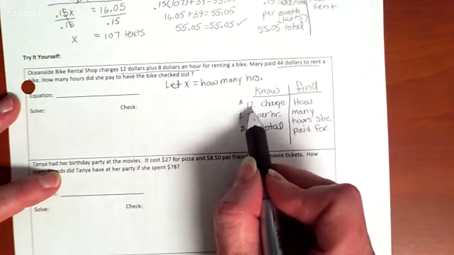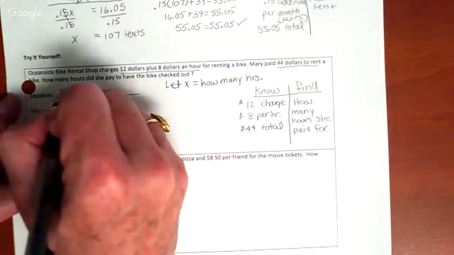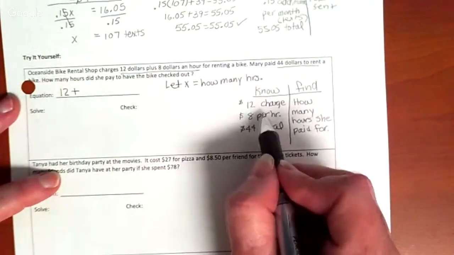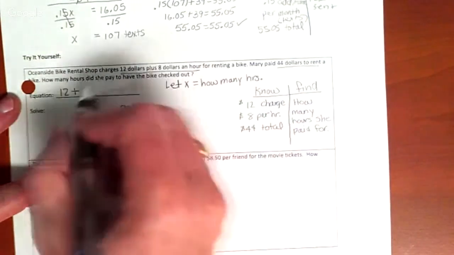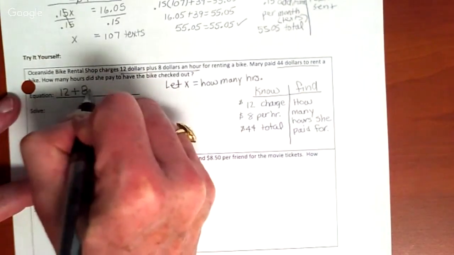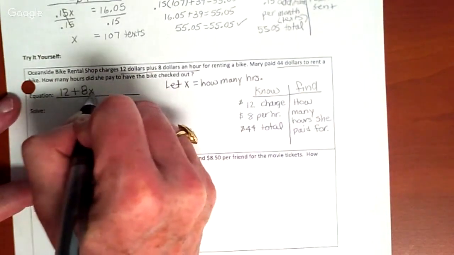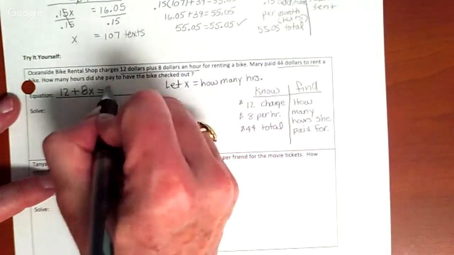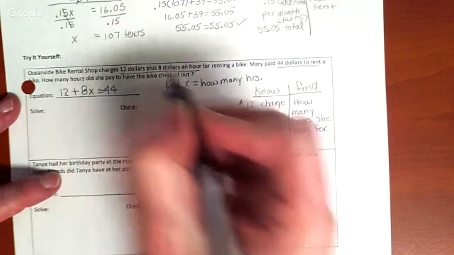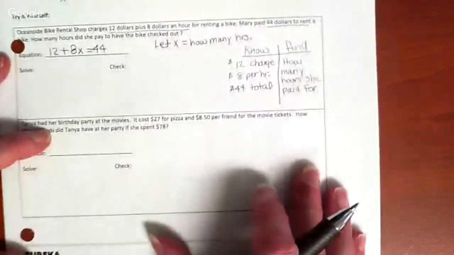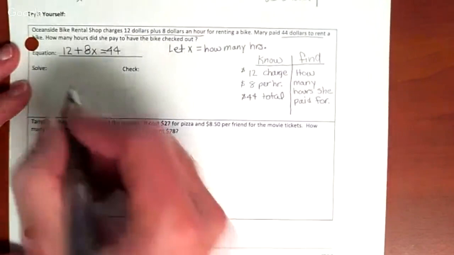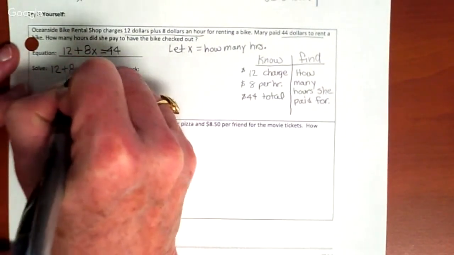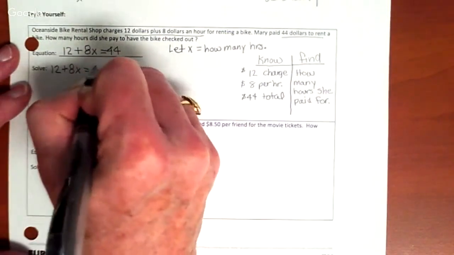Well, we know she was charged $12 plus $8 for every single hour. So for every hour, she was charged $8. So 8 times X, and then would equal, she paid a total of $44. So now, when we go to work that out, we have 12 plus 8X equals 44.